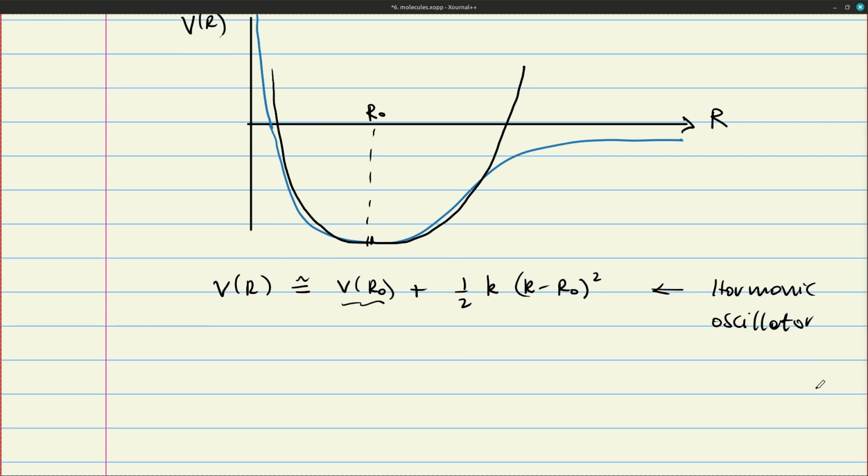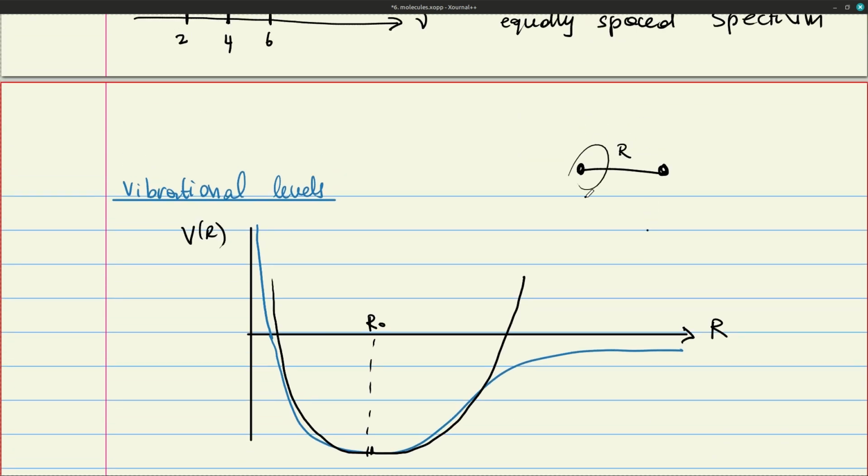The solution is that there is a classical frequency, omega equal to the square root of K over M. M is the reduced mass, but let me not write it. We are thinking about this molecule being connected by a spring.